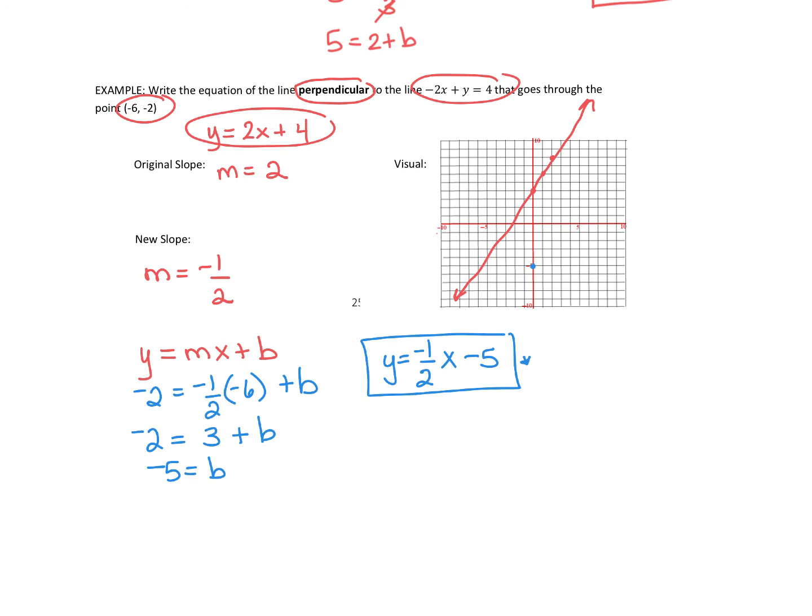I'm going to go down 1 and over 2, down 1 and over 2. And this is going to cross here at 90 degrees. Now, if I had graphed it and it looked like this, I probably did something wrong because those clearly do not cross at 90 degrees. That concludes this video. Thank you.